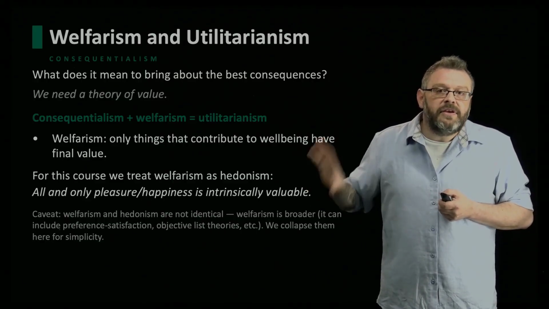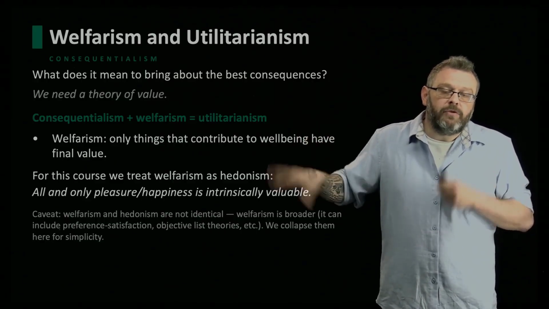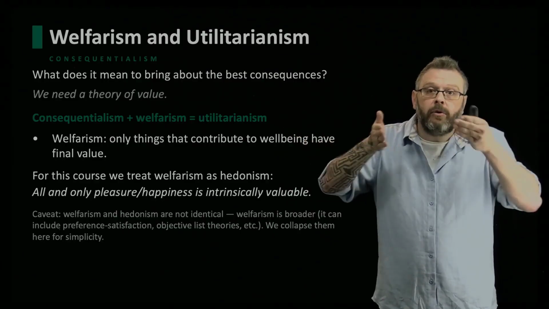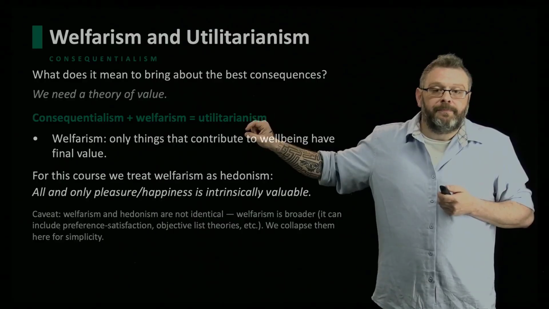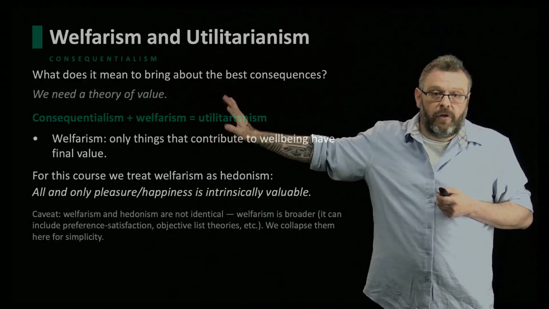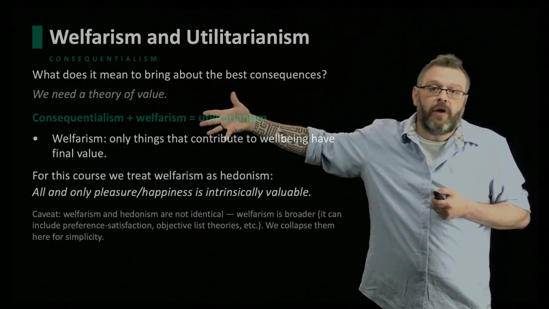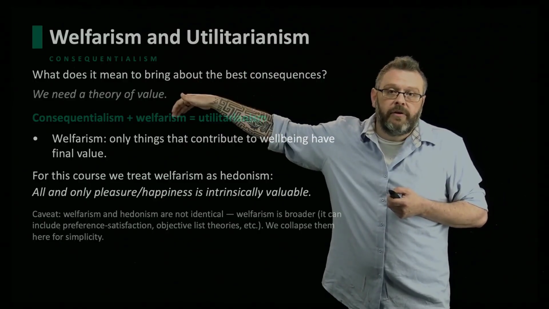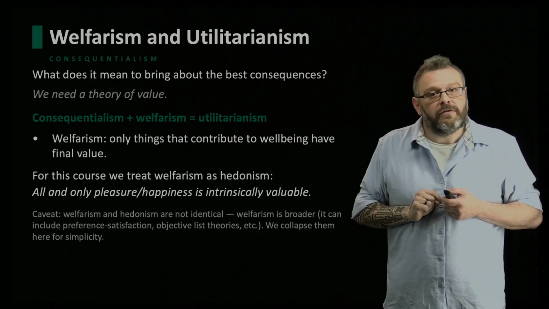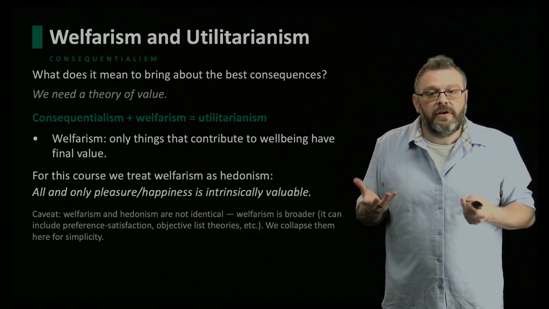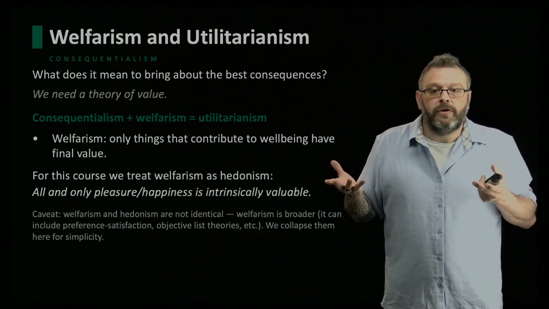But again, this is how we're going to narrow in our focus. So when you combine consequentialist criteria of right with welfarism as a theory of value, you get utilitarianism, a very, very famous, proper ethical view.